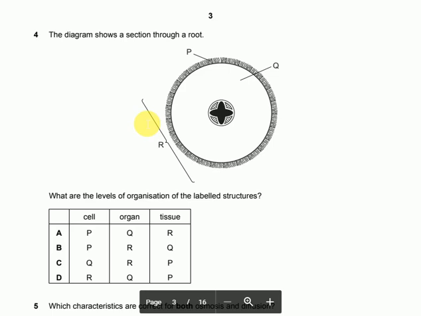Let's look at P. Actually the whole R is a cell, so cell would be R. Am I doing this right? Okay, sorry. R is an organ. Q would be the tissue, and P would be the cell. It's B.